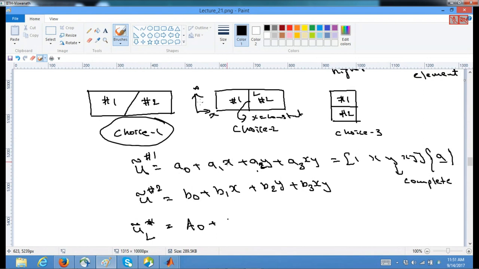So altogether I can write it as a special constant called capital A naught, and adding up the remaining terms I can write it as A1y.